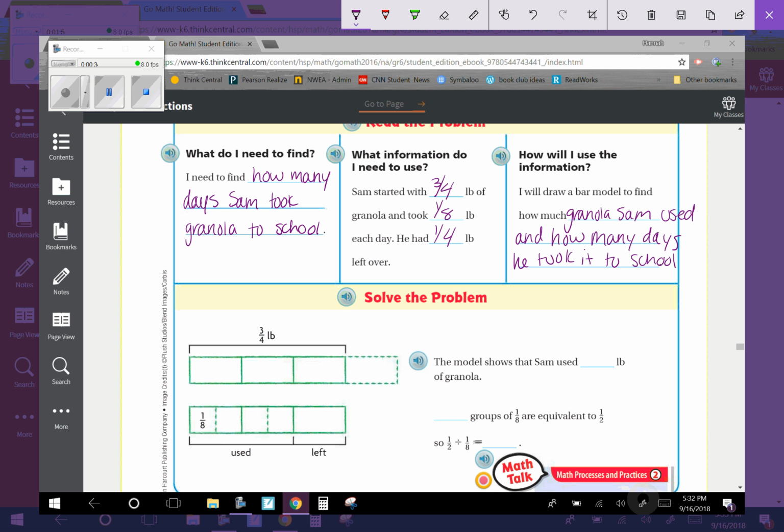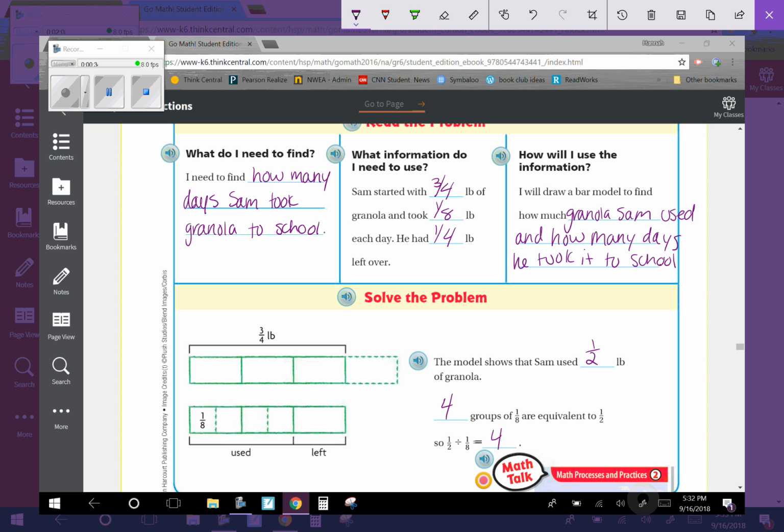So to solve the problem down here, the model shows that Sam used 1/2 pound of granola. 4 groups of 1/8 are equivalent to 1/2, so 1/2 divided by 1/8 is 4.